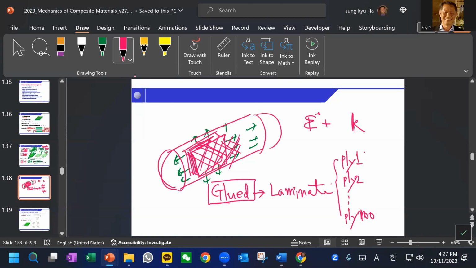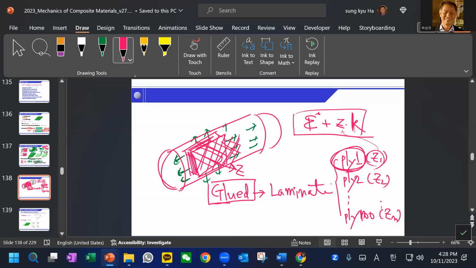And there will be some z coordinate, from inside to outside, with z1, z2 and zn. Each one will have its own coordinate. So if you want to know how much ply 1 deforms, you know the coordinate, and then using this formula you can get the ply 1 strain.